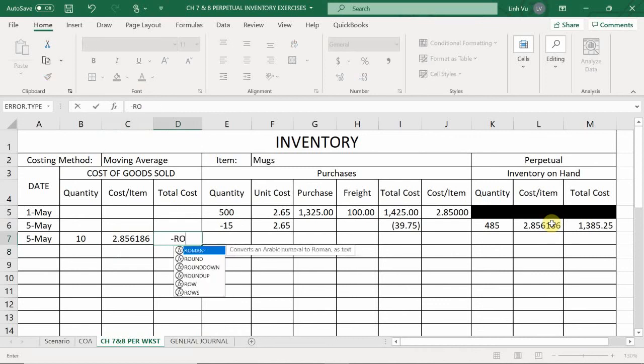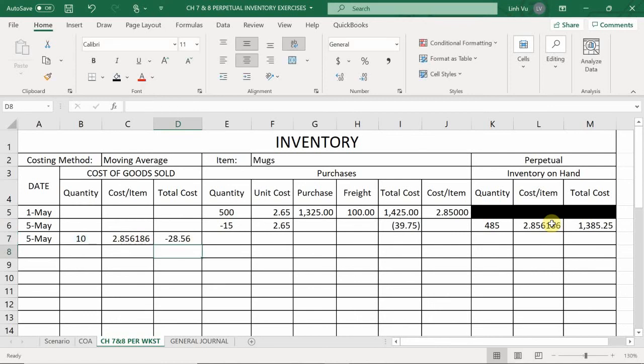Okay, and what's my end result here? $28.56.